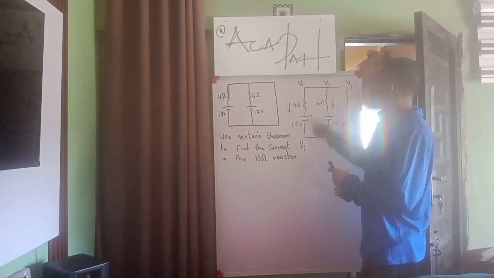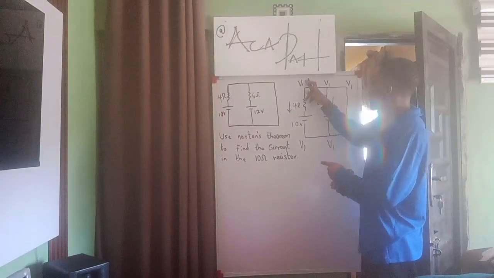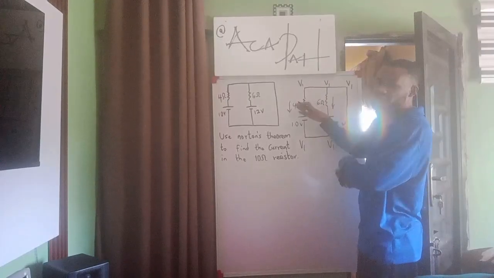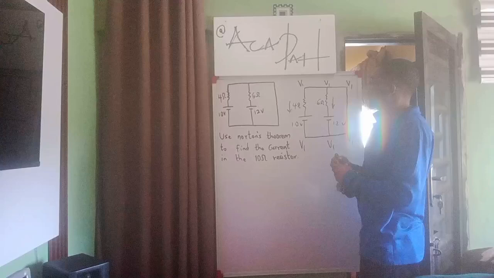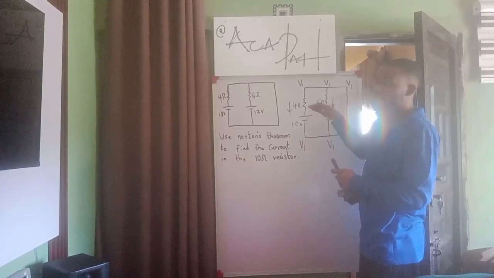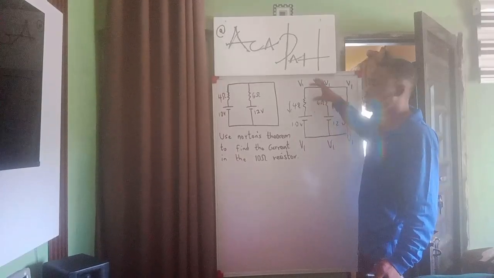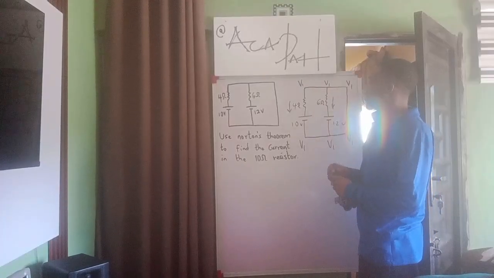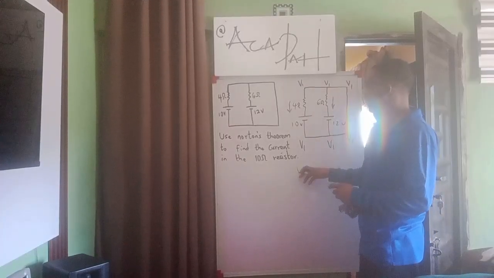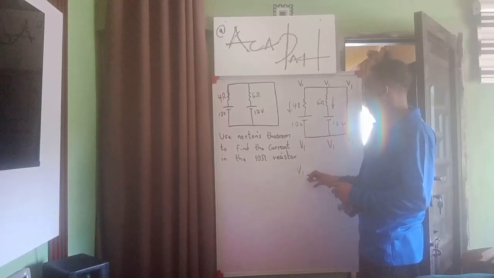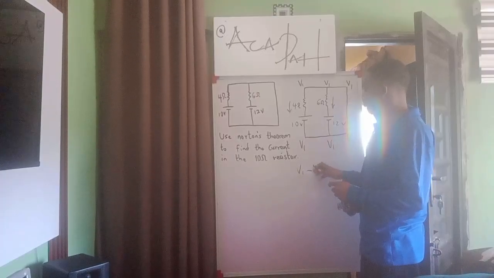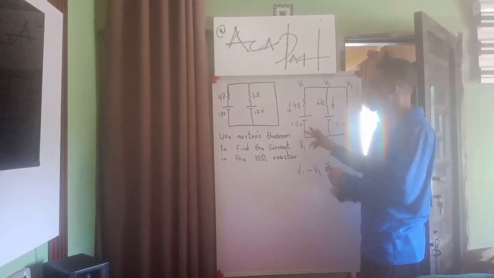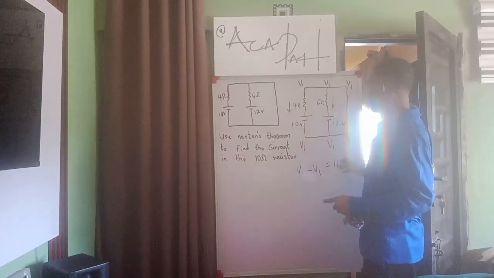If that be the case, then whenever I have a resistor in between two voltages, up and down, what it simply means is that whatever voltage I have up and the one I have down is going to be subtracted from it, and it will be equal to the given voltage in between, and the given voltage in between is just 10 volts.